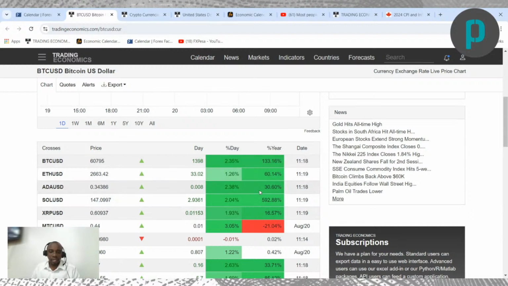So let's go to our charts and see what the markets are all about technically now that we've seen the fundamentals. Okay, so maybe this is Bitcoin.